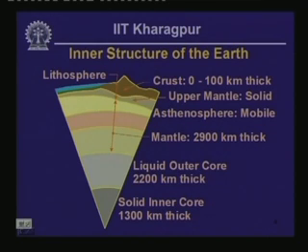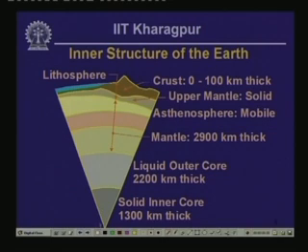Now, the solid part near the surface of the earth is called the lithosphere, and that comprises the crust, oceanic and continental crust, and the upper mantle. In this sketch, I have shown continental crust on the left, sorry, the oceanic crust is on the left and continental crust is towards the right.